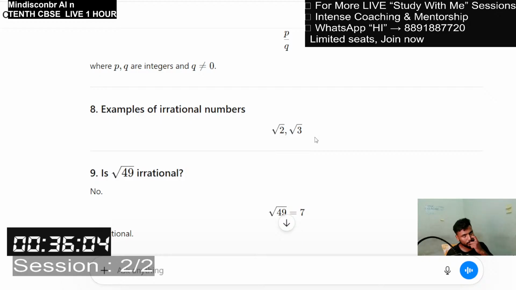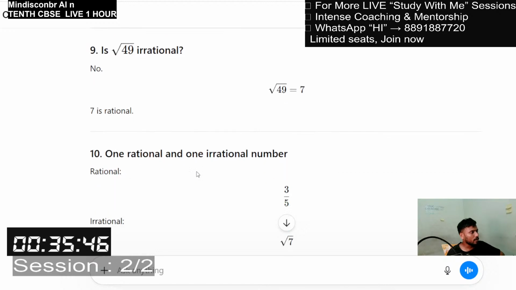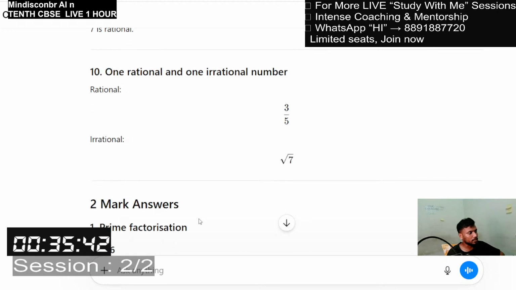Examples of irrational numbers: root 3, root 5, 2 root 2, 1 by 2 root 2, 3 plus 2 root 5, 5 minus 2 root 3, etc. Is root 49 irrational? Root 49 is equal to 7. It is rational. Give one rational and one irrational number. Rational example is 3 by 5 and irrational example is root 7.